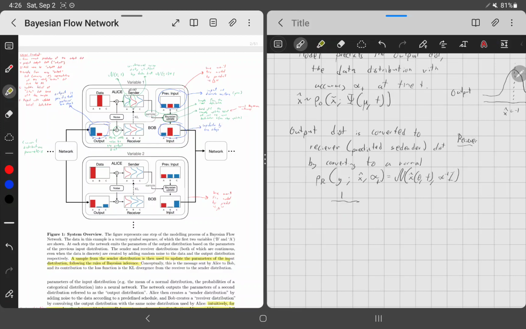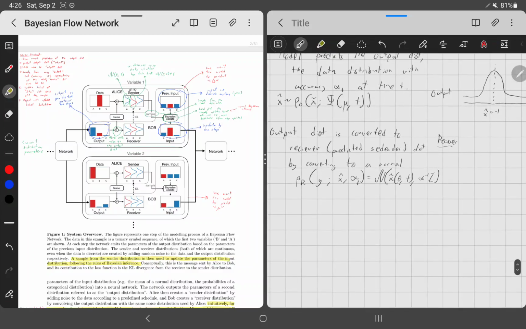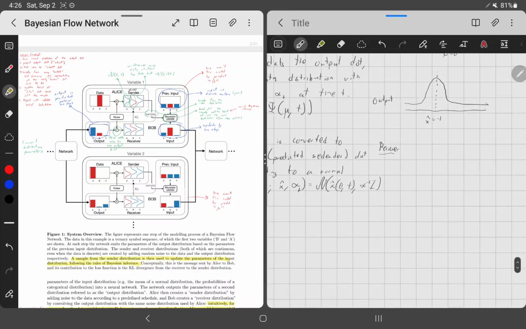Maybe you get to some time step and this becomes 1, and then it becomes a normal distribution basically, and then you can keep on going and it gets closer and closer to 0. Maybe you get to like 1,000 and it's even closer to 0. So as you increase your accuracy or your number of time steps, the variance in your receiver distribution gets lower and lower. And it's parameterized by this value here.